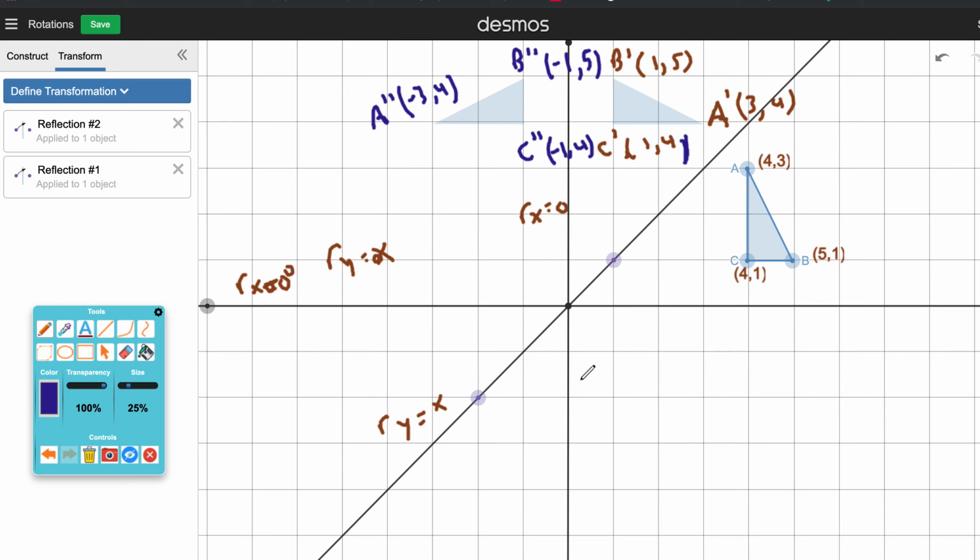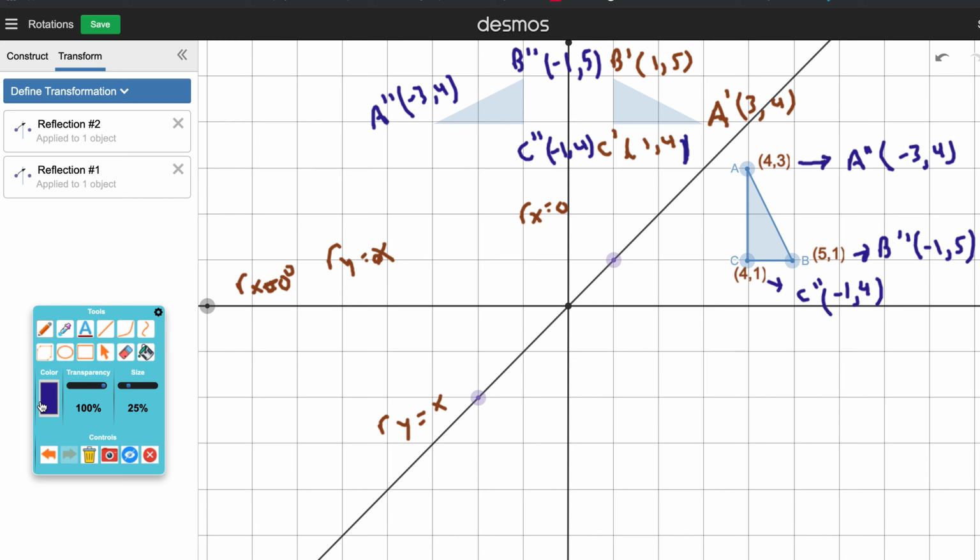Now the interesting thing is that the original A becomes A double prime, which is negative 3, 4. 5, 1 becomes B double prime at negative 1, 5. And C becomes C double prime. This is after both of these reflections. And that would be negative 1, 4.